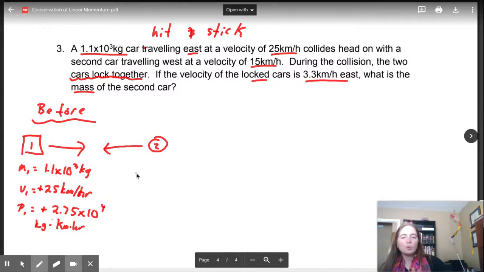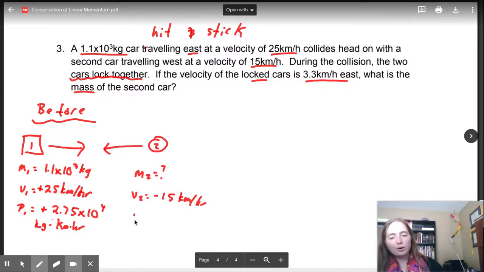We've been asked to calculate the mass of M2, so we don't know what M2 is. And then we have our V2 as 15 kilometers an hour west. I'm going to choose to make that negative 15 kilometers per hour. Well, my P2 is going to be M2 times negative 15.